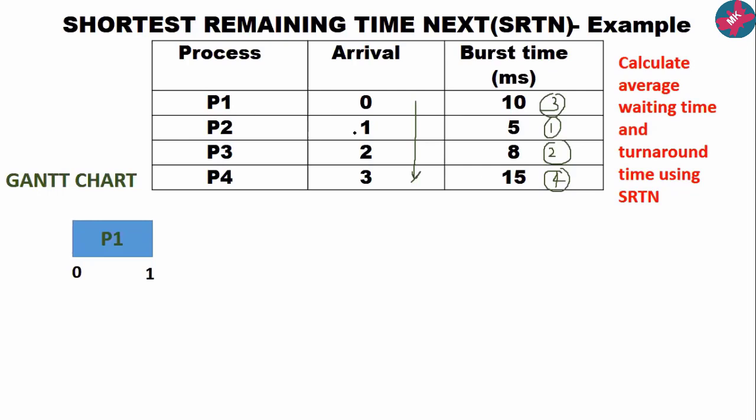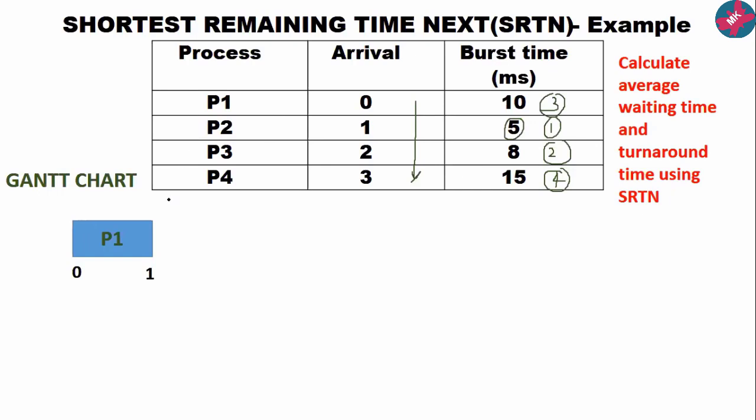But here the P1 will execute for 1 millisecond. Why? Because after 1 millisecond, P2 has arrived in the system and it has a smaller CPU burst as compared to P1. So after executing for 1 millisecond, this P1 will be interrupted, okay?